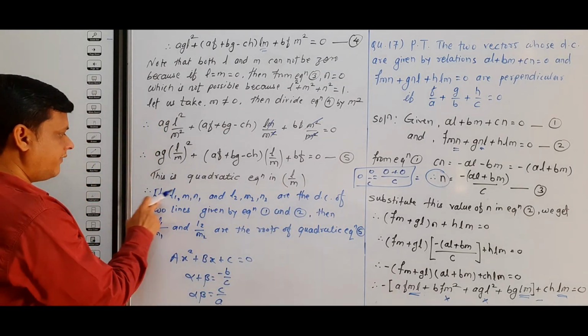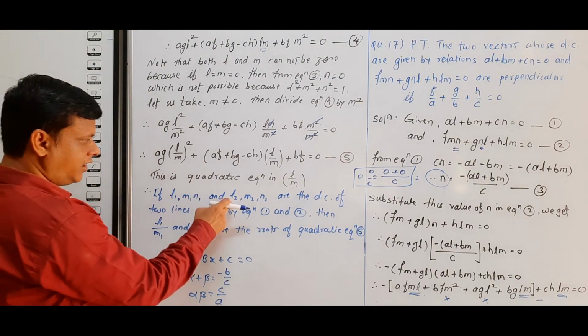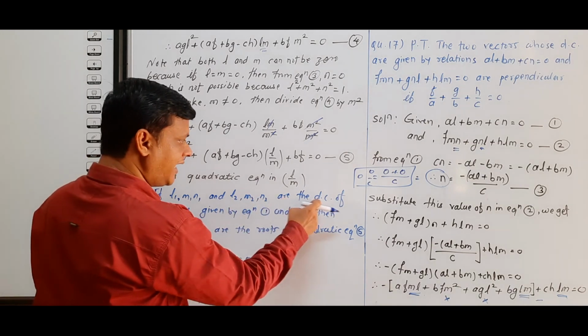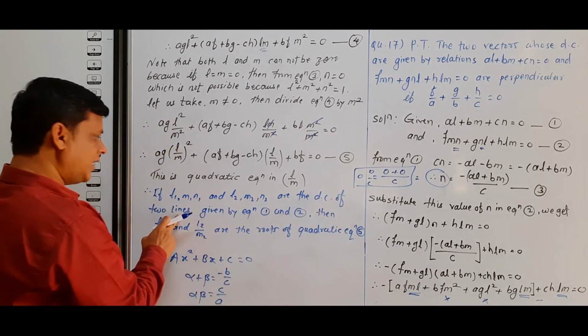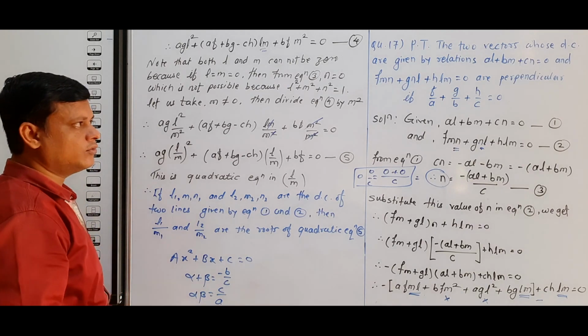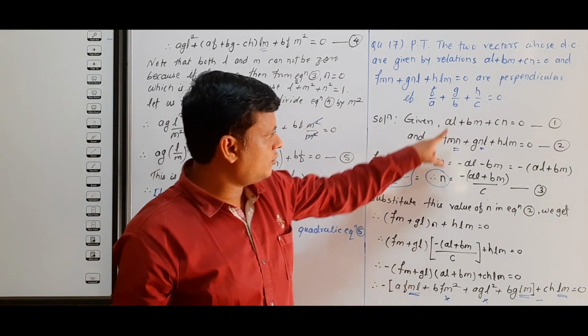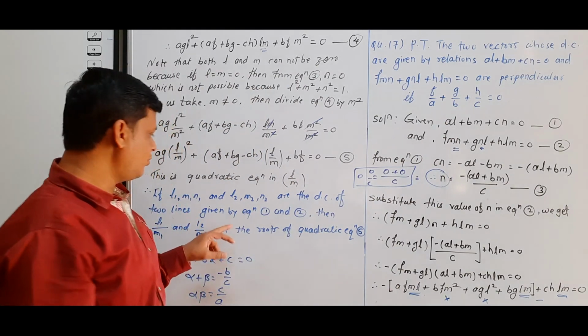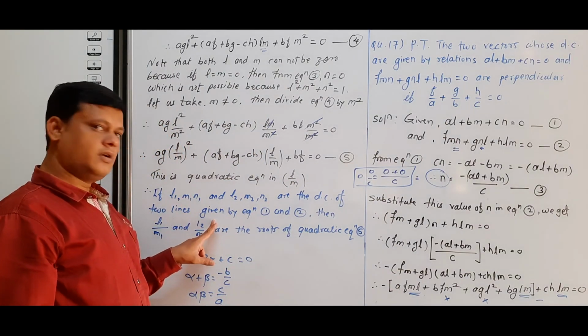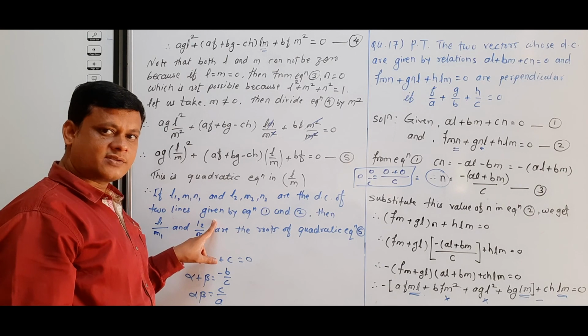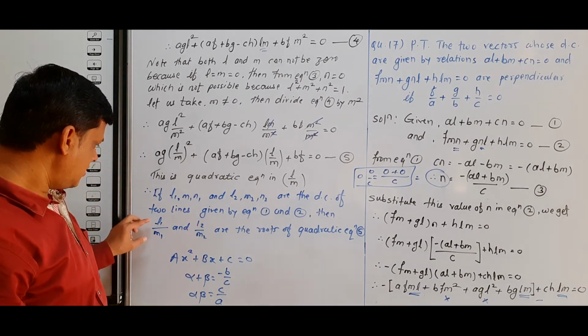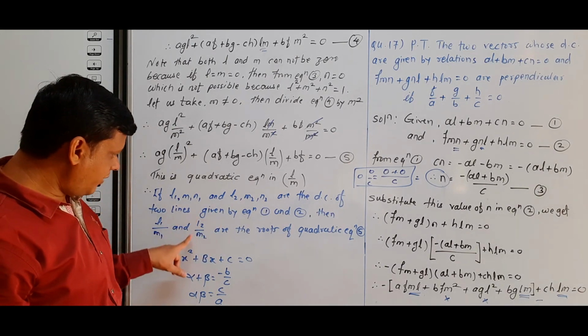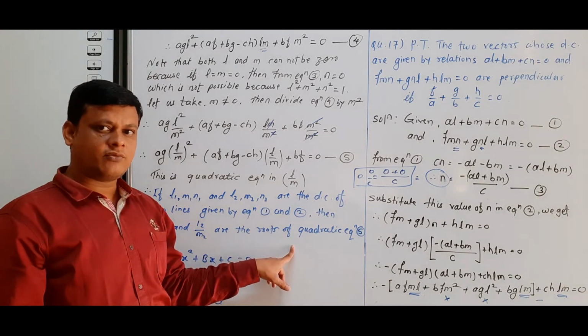Now if L1 M1 N1 and L2 M2 N2 are the direction cosines of the two lines given by equations 1 and 2, then L1 upon M1 and L2 upon M2 are the roots of the quadratic equation.